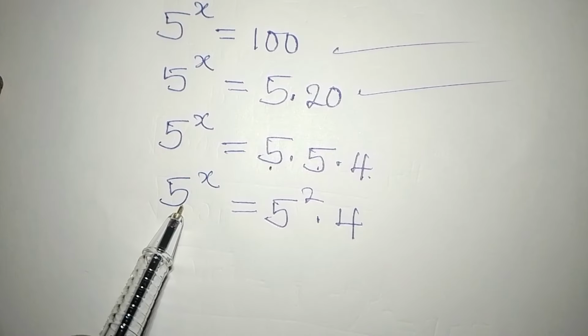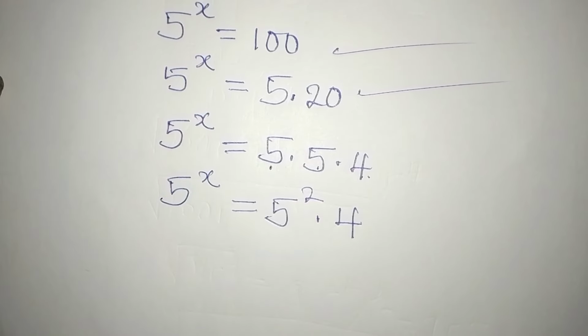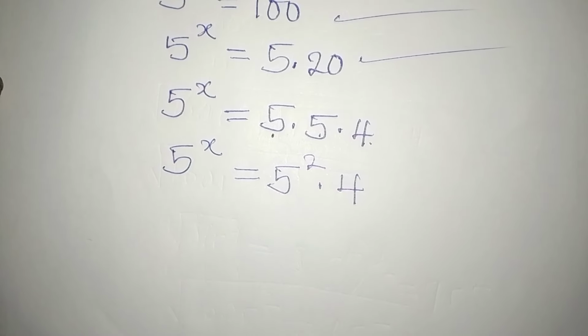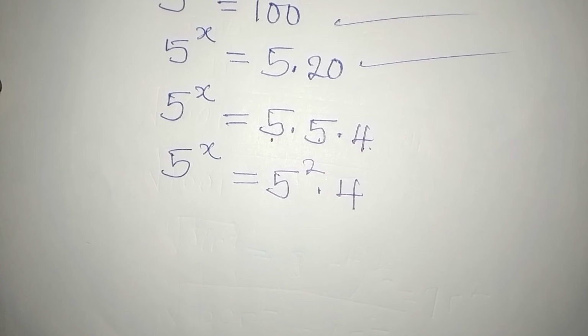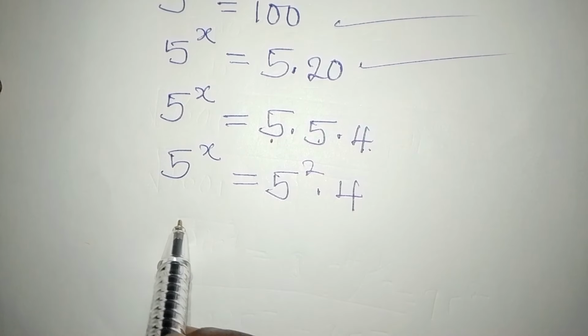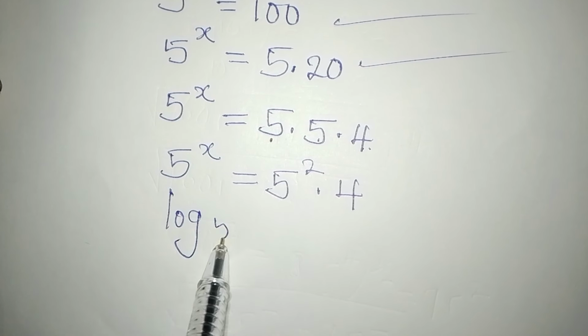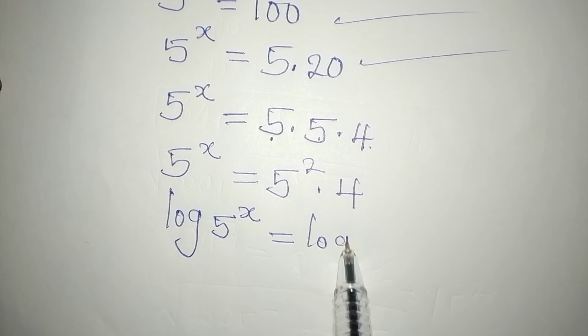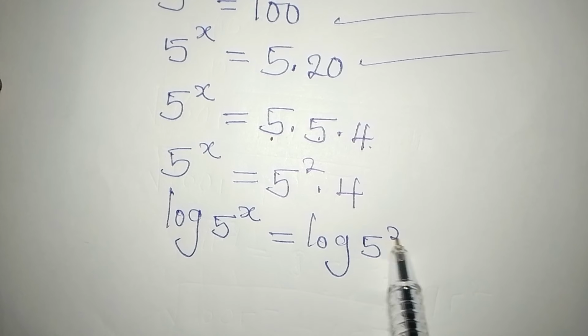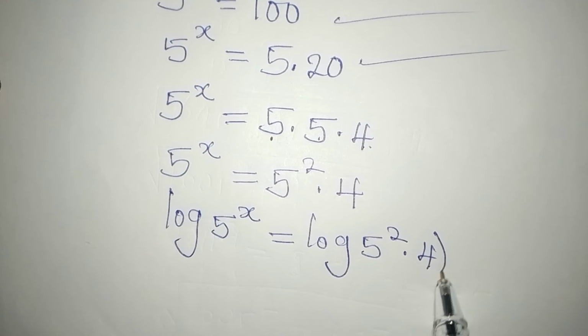So it cannot be in this form perfectly. So because of that, there will be need for us to take the log of both sides. So we'll take log of 5 to the power of x to be equal to the log of 5 squared times 4.